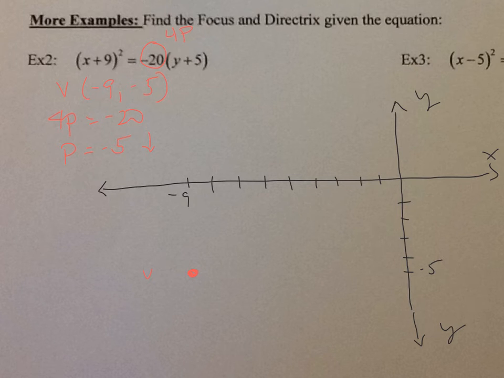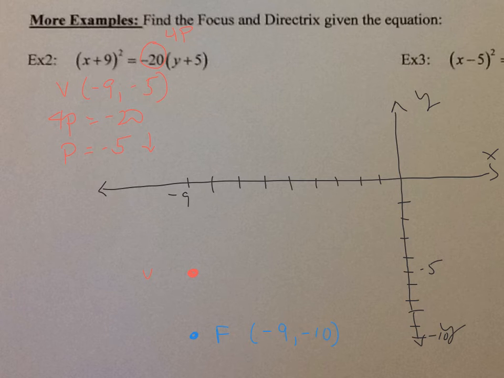All right, so now my p is -5, and remember that is the distance from my vertex to my focus, and since it's negative, that means it's going to go down. So I have to go down 5. 1, 2, 3, 4, 5, which puts me at -10. So let's plot that point. So this is my focus, which is (-9, -10).